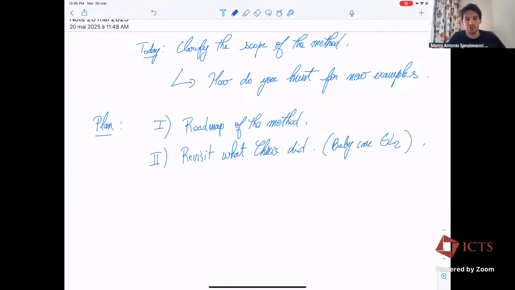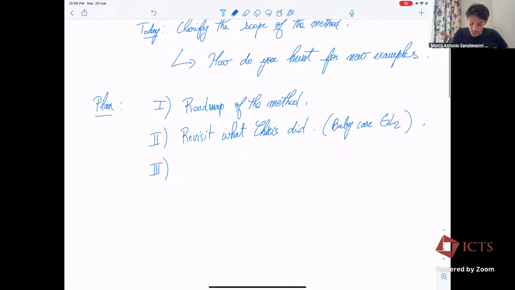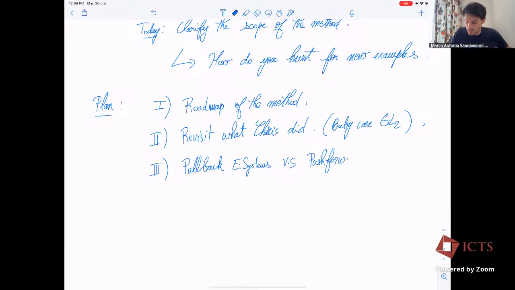For GL2, I will recast what Chris did in the framework of the roadmap, and then I will give a duality picture between what I call pullback Euler systems versus push forward Euler systems.